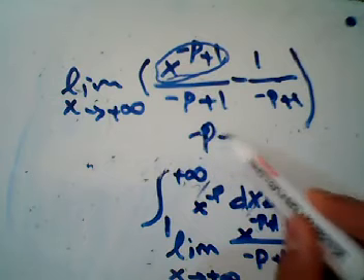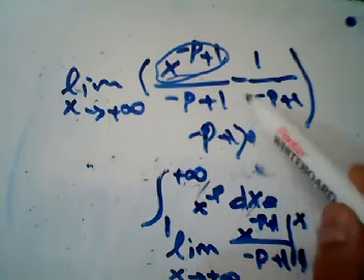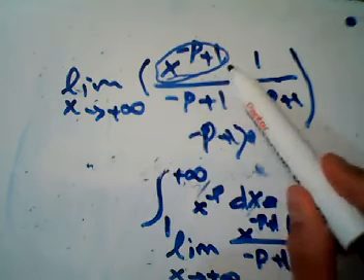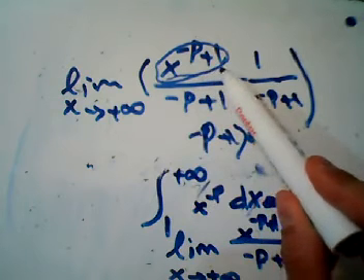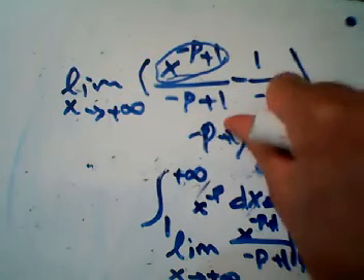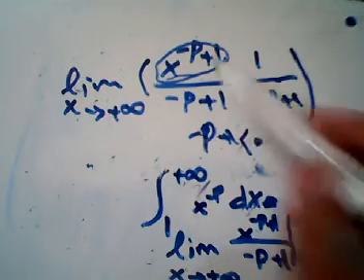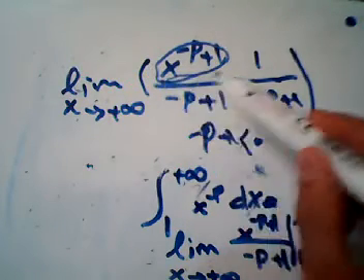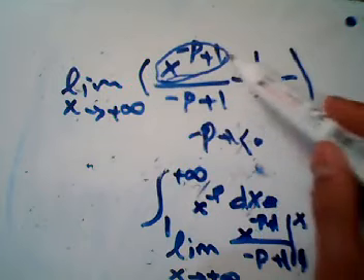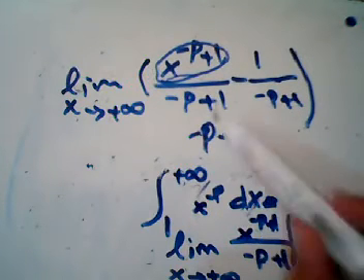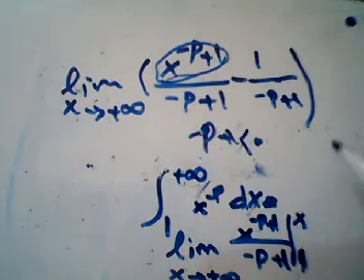If minus p plus 1 is negative, this goes to 0, but if that is positive, that goes to infinity.